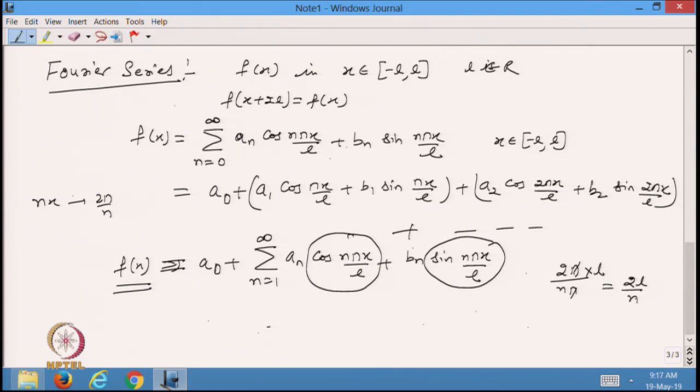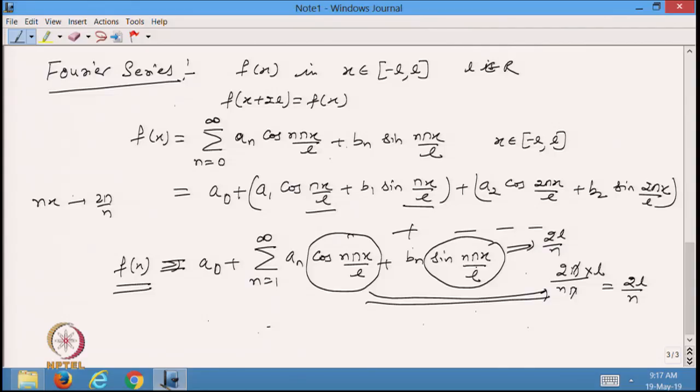So, I can say that my cos function has a period that is 2L by n. Similarly, the sine function also has a period 2L by n. So, all these functions have the period 2L by n, depending on the value of n.